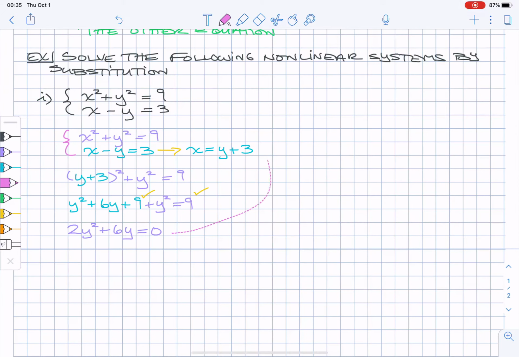So let's factor out a 2 and a y. We get y plus 3 remaining. So in the first case, the first factor set to 0, y is 0. If the second factor is set to 0, y is negative 3. So remember, x was y plus 3, so x will be 0 plus 3, which is 3. Or x will be negative 3 plus 3, which is 0.